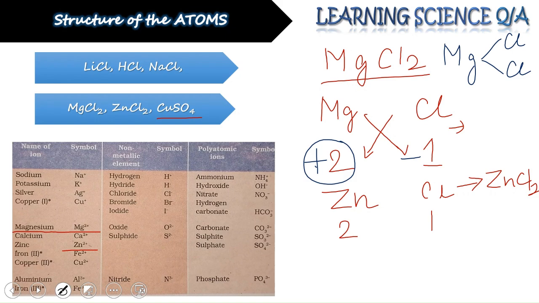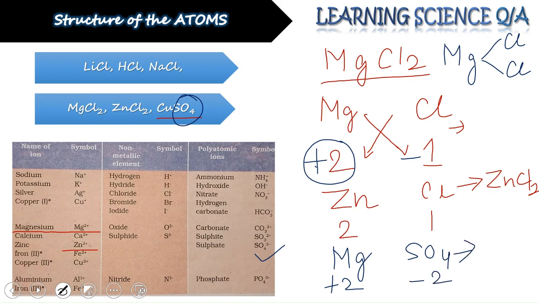Let's take an example with some other ion that is having similar valency. Mg is having plus 2 charge. SO4 as an ion, just see here, is having charge minus 2.